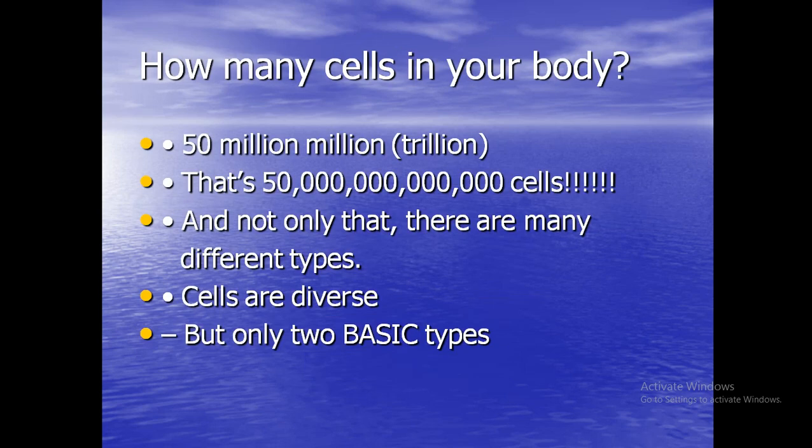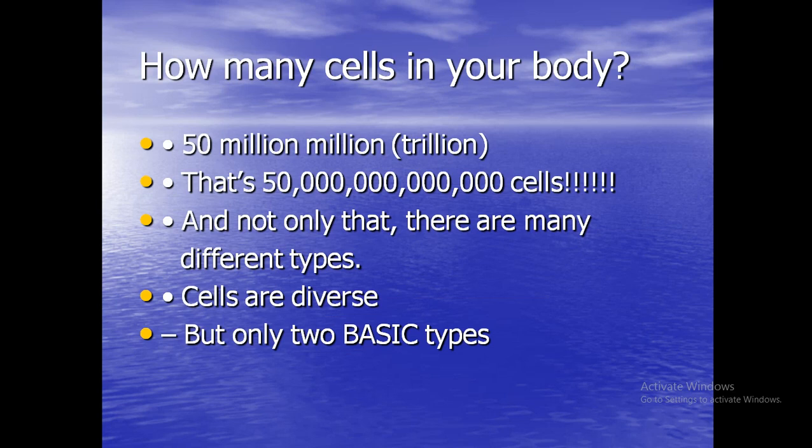Now, how many cells may be there in the body? Depends on the size of the organism. Even if you take the example of our human body, the number of cells in each one's body depends on the size, class and weight.